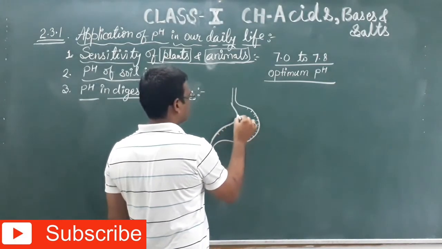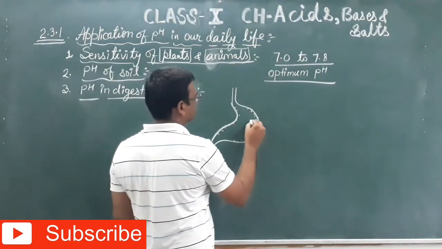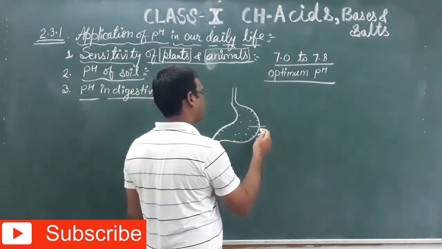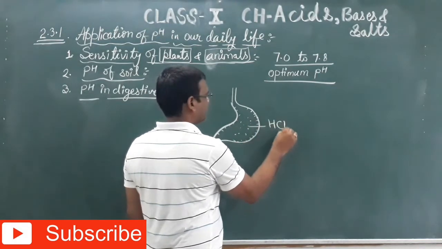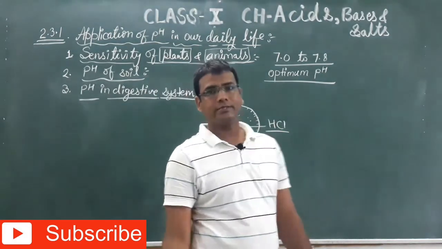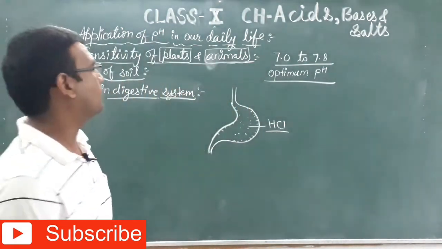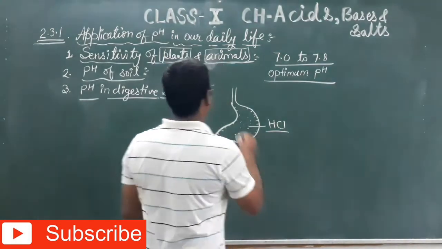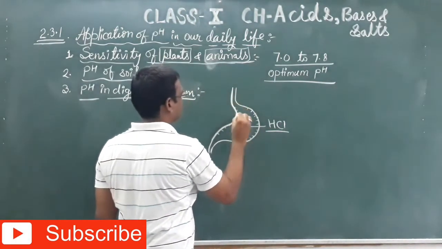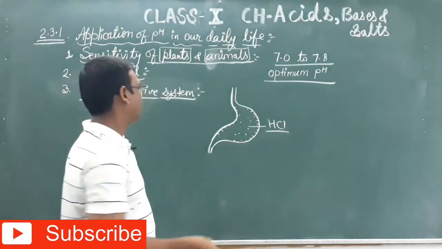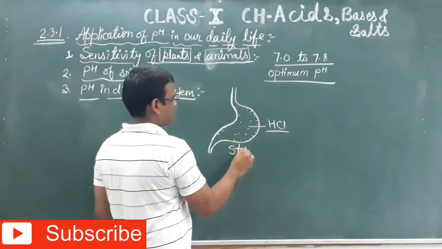In the wall of the stomach some cells secrete one chemical, and that chemical is called hydrochloric acid. So this hydrochloric acid is produced by the lining, the wall of the stomach.